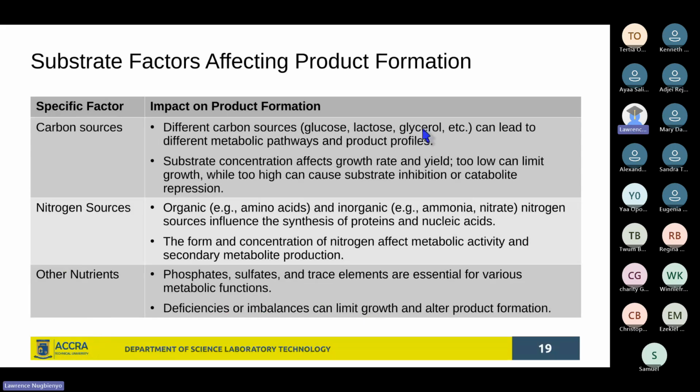These are some sources of carbon for the microbes to feed on as medium. And you have nitrogen sources, of course. Amino acids have nitrogen in the amine group. Or you have ammonia and nitrates, which are good sources of nitrogen.